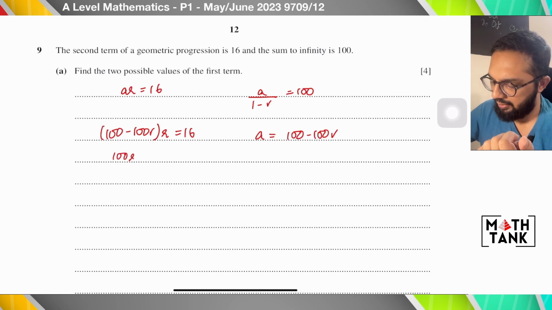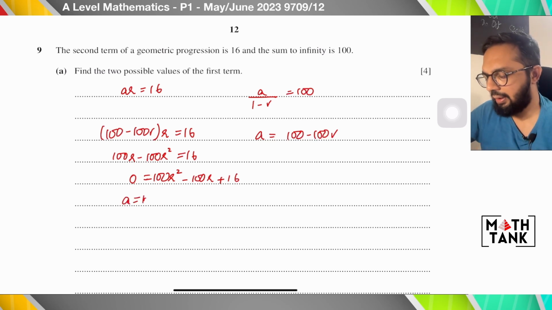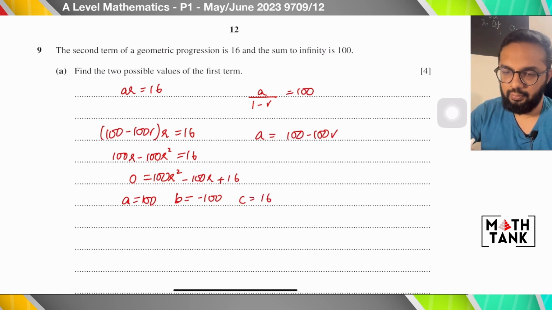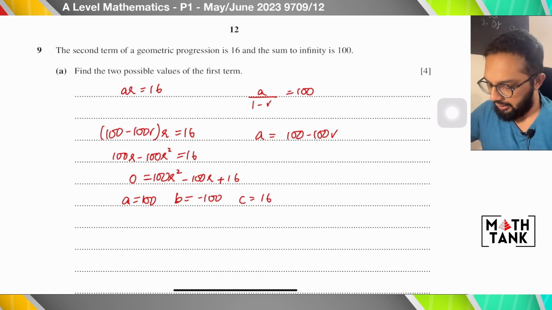So 100r minus 100r squared equals 16. 100r squared minus 100r plus 16. I'm going to put that on a calculator and solve for r. 0.8 and 0.2.